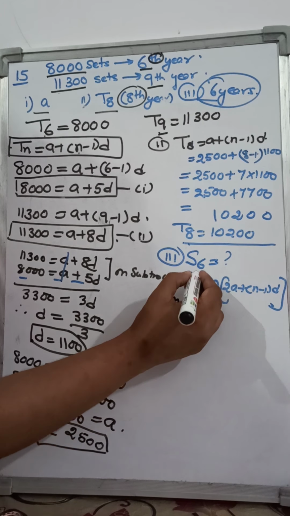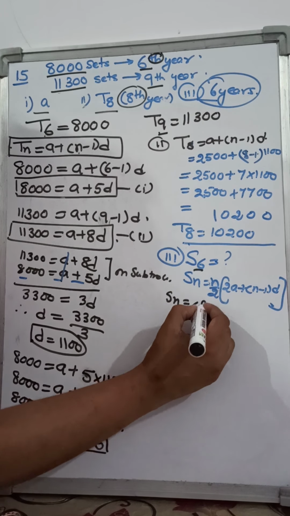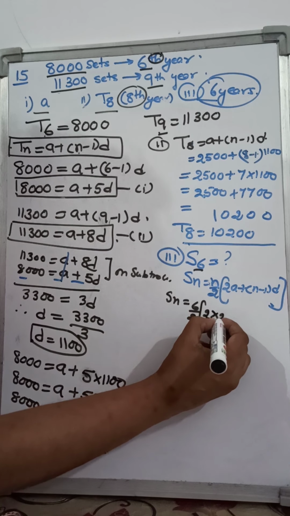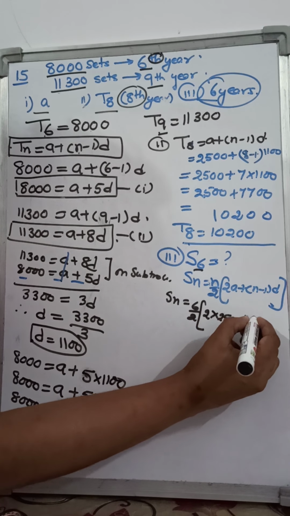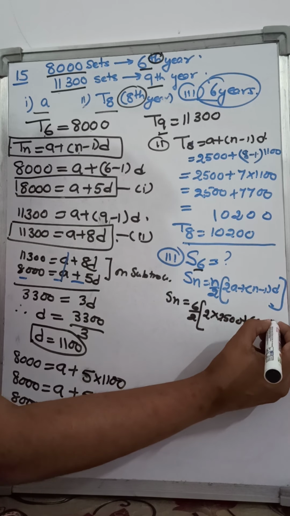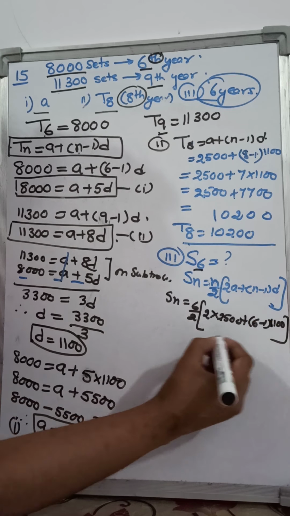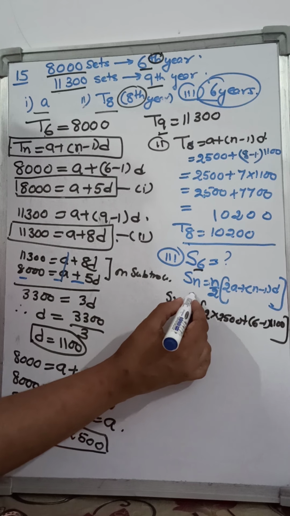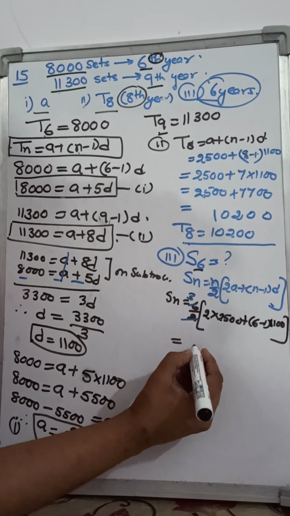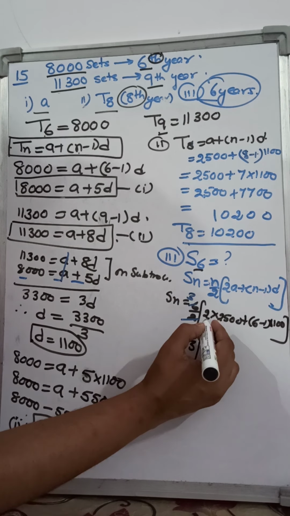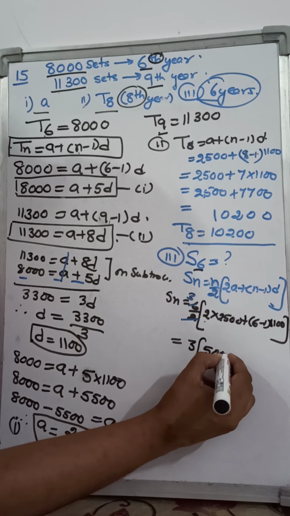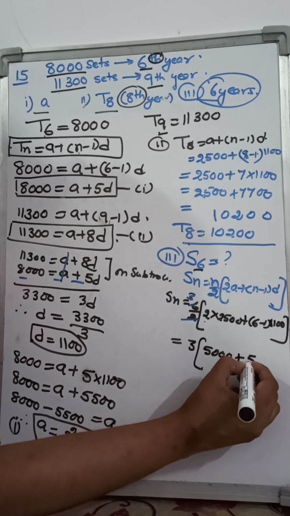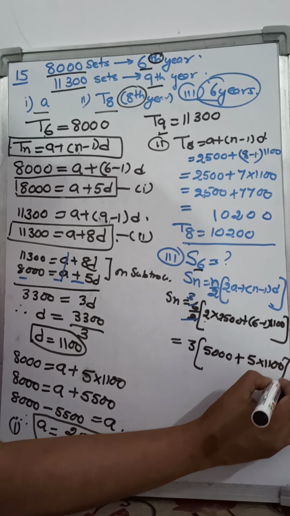Now we will substitute the value here. N is 6, so 6 by 2. A we have calculated, it's 2500, plus 6 minus 1, D is 1100. Now we have to solve. You will cancel this, this will go 3 times. So here you will write 3 outside the bracket. It will be 5000 plus 5 into 1100.